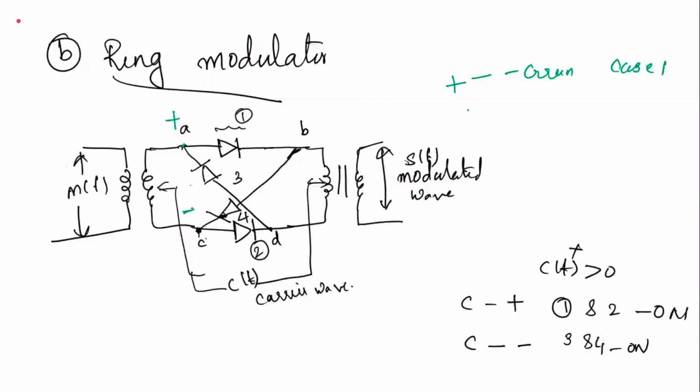The carrier is positive means here also it is positive, so diodes 3 and 4 are off and diodes 1 and 2 are on.